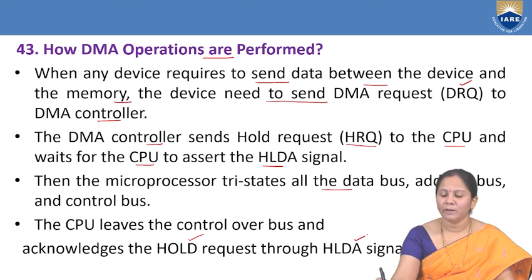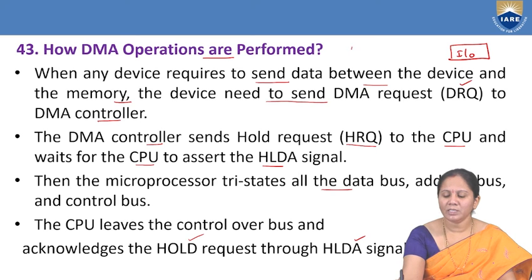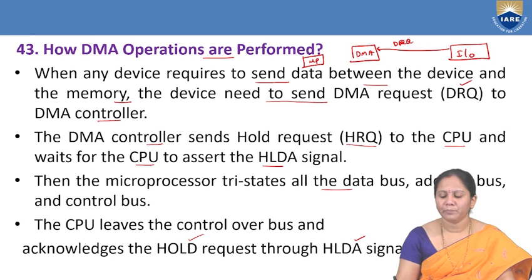which is called the hold acknowledgement signal. That means totally, if you have here an I/O device, a DMA controller, and the microprocessor, the I/O device first sends the DMA request, that means DRQ.